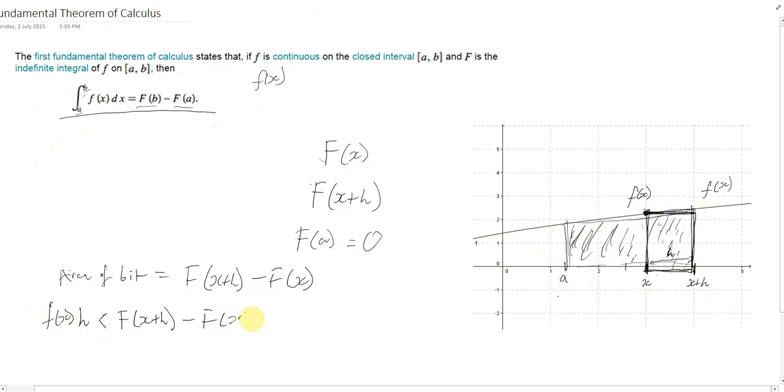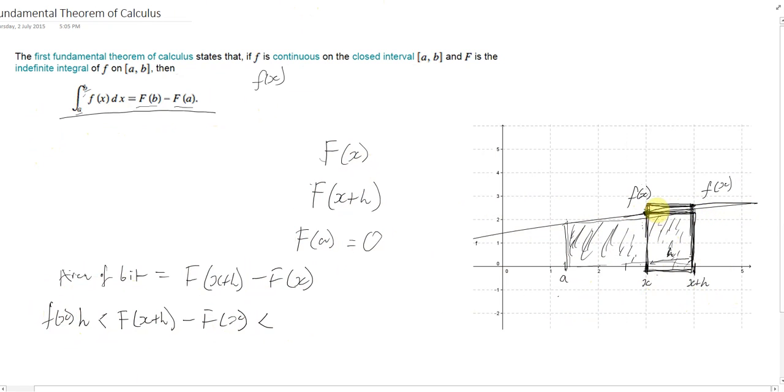But the actual area is also smaller than if we start at this opposite corner and go backwards that way to make a larger box. The area is smaller than that larger box, because hopefully you can see the function cuts through the middle of those two boxes.